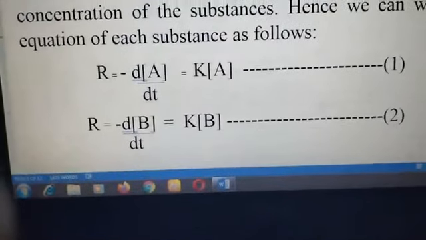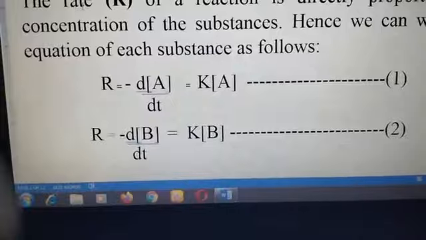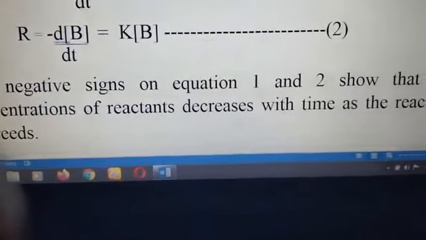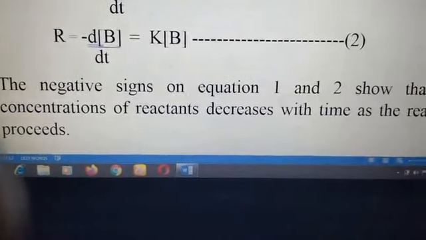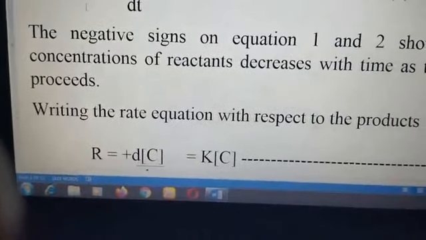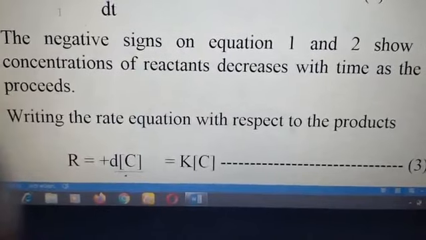That minus sign shows that the reactants are being used up as the reaction progresses. So the negative signs on equations 1 and 2 show that the concentration of reactants decreases with time as the reaction proceeds. Okay, let us now write the same rate equation for the products.